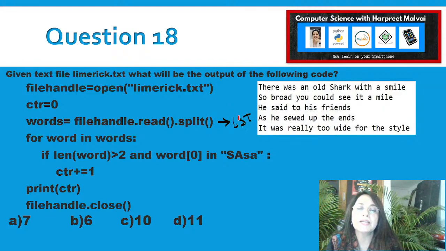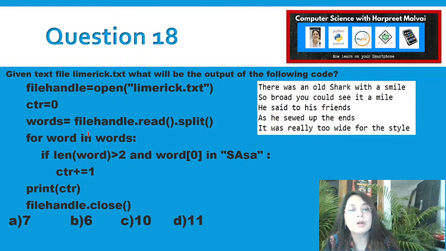I hope you know that, because split is the kind of rock star function that is used a lot with text files. So remember that. If we didn't have split, words would have been a string. But now that we have split, it's going to convert words into a list of words as strings. So once we have that, we say for word in words, if len of each word in that list is greater than 2 and word 0 is in this string.